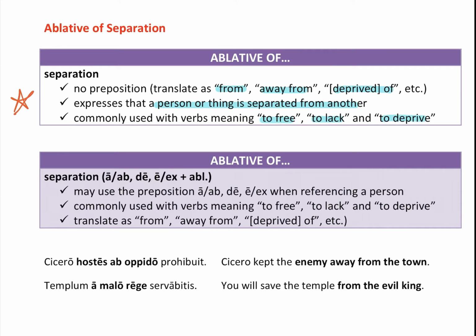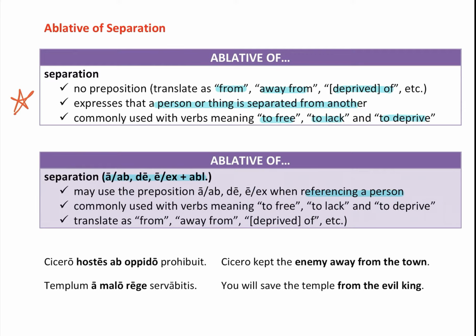Still the same ablative of separation, but there is a time when you might see it with a preposition followed by the ablative, and that's when it references a person. You can use it without, but most of the time you'll see a preposition when referencing a person. It still has the same meaning. It's a person separated from something else, right?